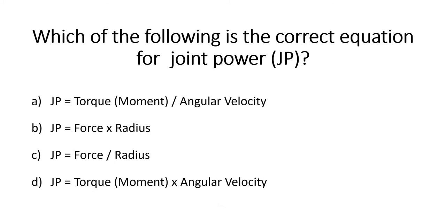Or D, torque or moment multiplied by angular velocity. So which of those is the correct equation for joint power? You could also rephrase it to say angular power, but I've chosen joint power because that's what you've been given with your data for your written report assessment. But they're the same thing.